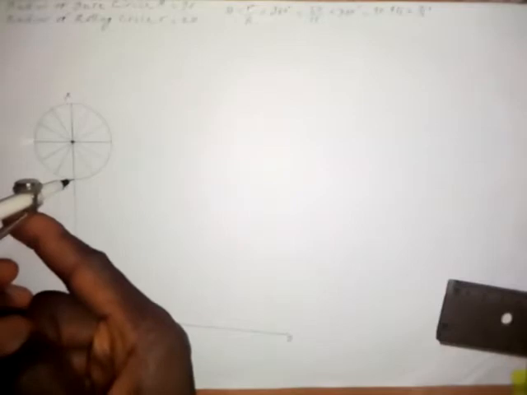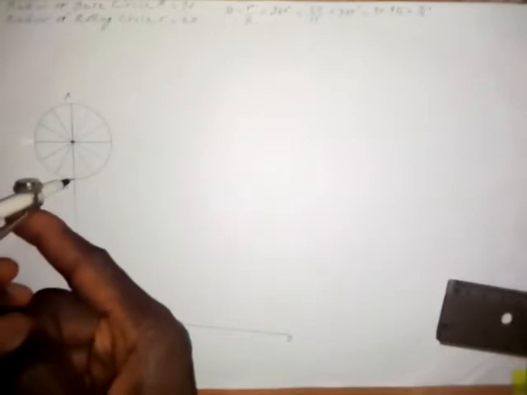Okay. So after you have done this, from point O to point P0 is 75 mm, which is the radius of the base circle. So I'm going to draw the base circle now by taking my compass, putting the pinpoint at point O and extending it to point P0 here.